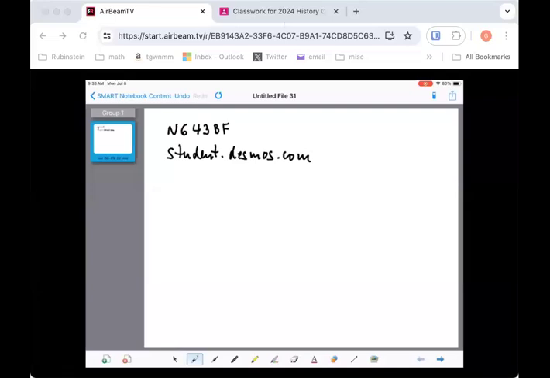It says the code is not working. Is that a B or an 8? Oh, that's a B, and let me put an actual link in here. Here you go. If you try it this way, see if that works.